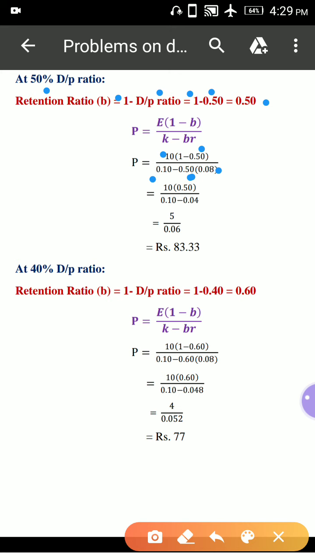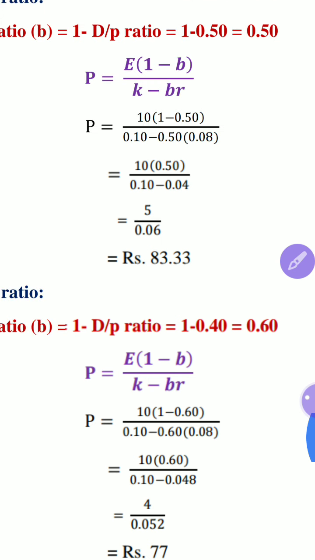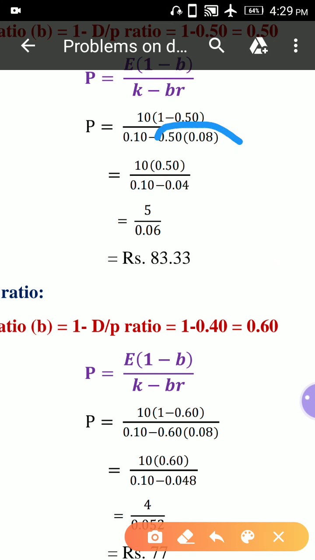Now 10 into 0.50, divided by 0.10 minus 0.50 into 0.08, that is equal to 0.04.